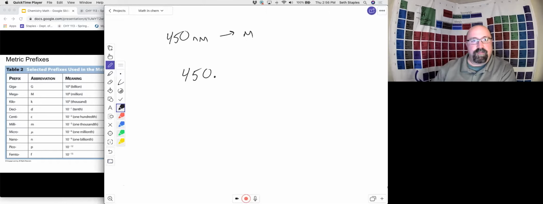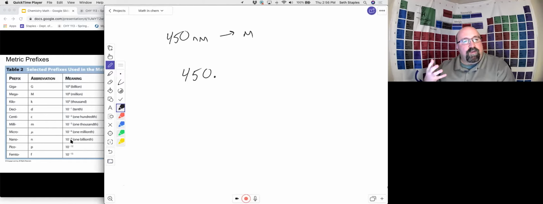And so we have to recognize that our decimal point is right there. There's a couple ways to go about it. One thing that you can do is recognize our exponent right here. It might be tough to see that on your screen just because I reduced the size a little bit. But a nanometer is 1/1,000,000,000th of a meter, or 10 to the negative 9th. So what we can do is say, okay, that negative 9 means we have to move our decimal point by 9 spaces.